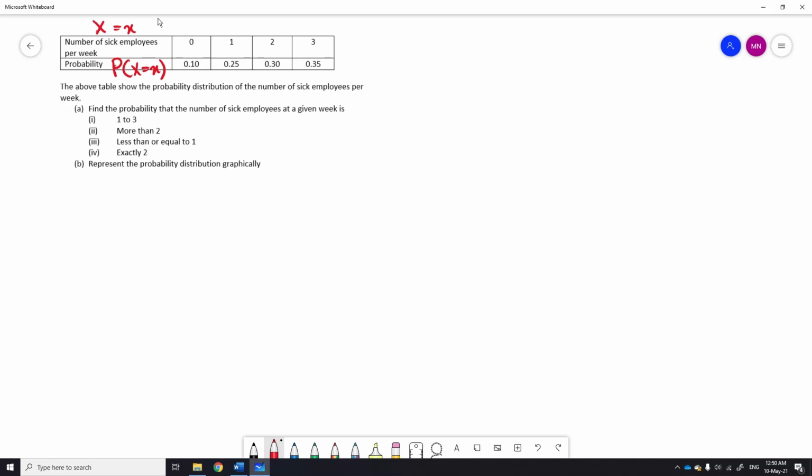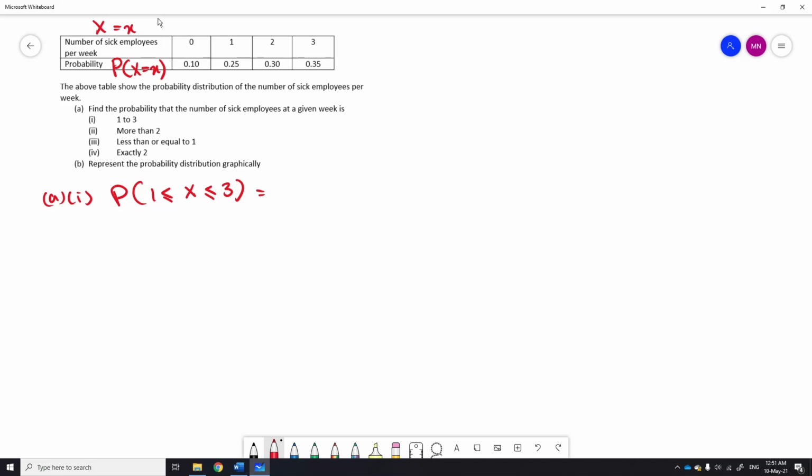Question A1: find the probability that the number of sick employees in a given week is 1, 2, 3. So 1 less than or equal to x less than or equal to 3. This means from 1 to 3.